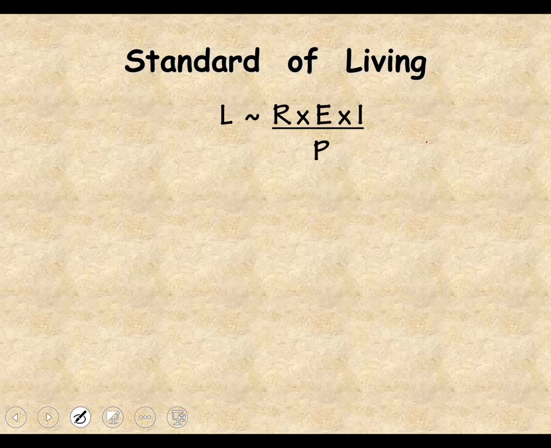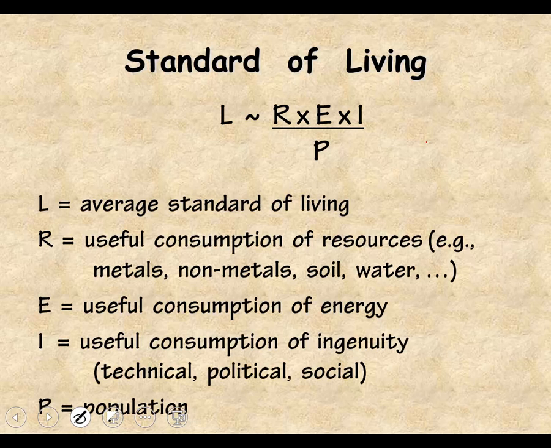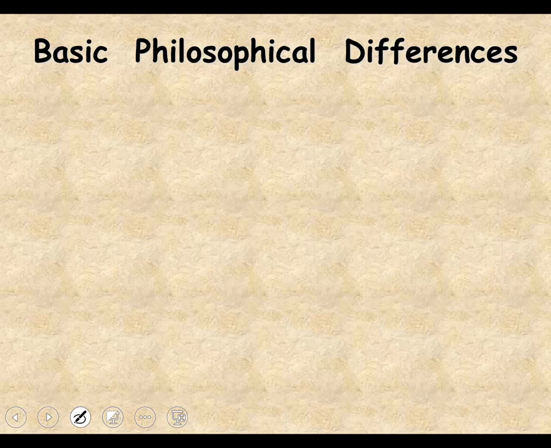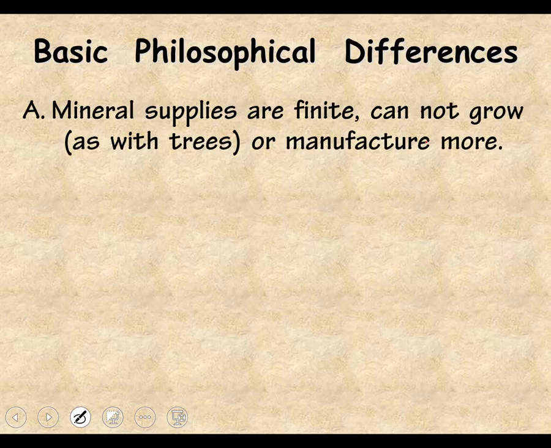And so the book uses this little thing that the standard of living is proportional to the useful consumption of resources times the useful consumption of energy and ingenuity, technical, political, but inversely proportional to population. Okay? And so if you increase P, you better increase R and E and I more, or you'll never increase your standard of living. And that is, of course, the issue that we're dealing with for the future.